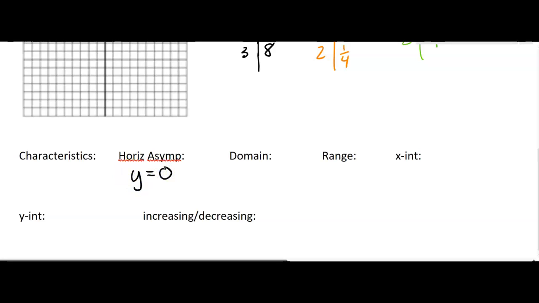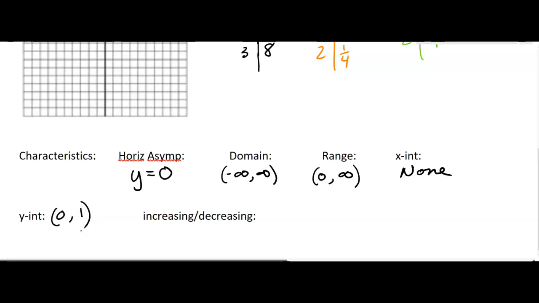The domain for all three of those functions is negative infinity to infinity. The range is from 0 to infinity. The x-intercept, there are none. For any of those functions, it's never crossing the x-axis. And the y-intercept, on these three functions, was always 0, 1.